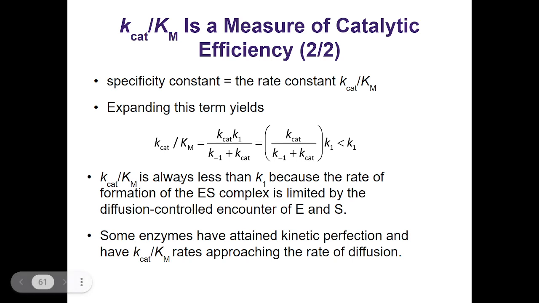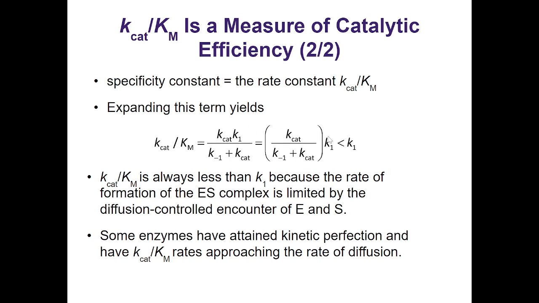The reason we do that is if we expand these terms, we can see the math behind it. So we take the Kcat divided by Km. What you would see is that this is Kcat times K1 over K negative 1 plus Kcat. This is going to equal the Kcat divided by K negative 1 plus Kcat times that entire term, K1.